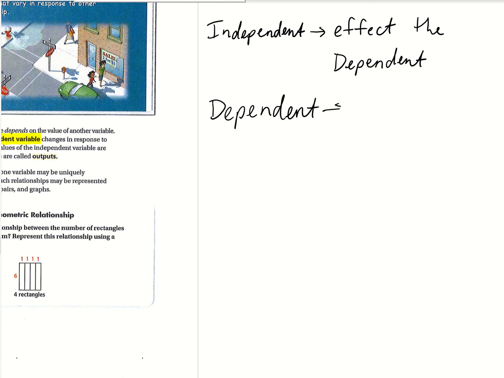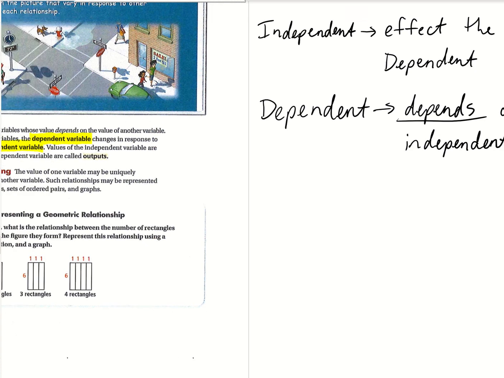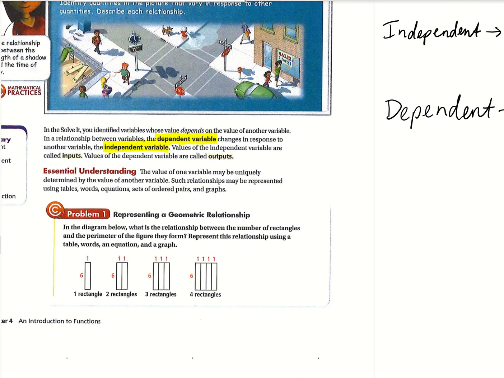Same thing with the variable, right? So you guys are all dependent upon your families to pay the bills and whatnot. So the dependent just depends on the independent.